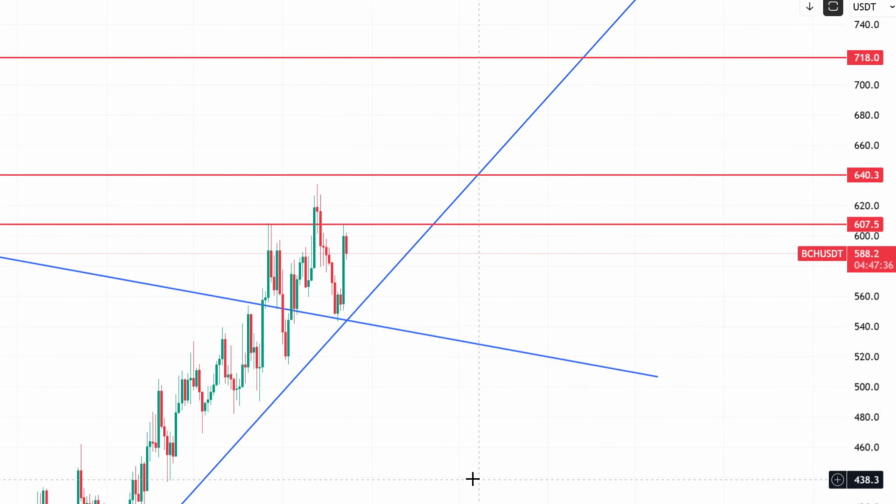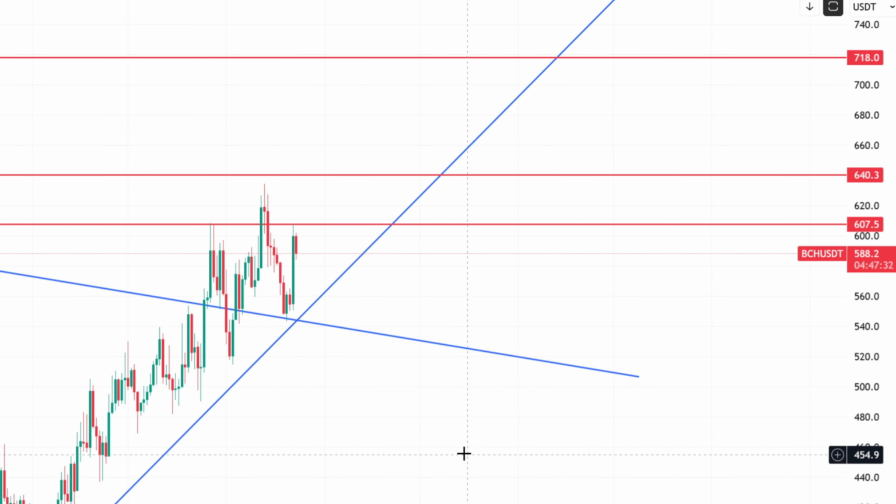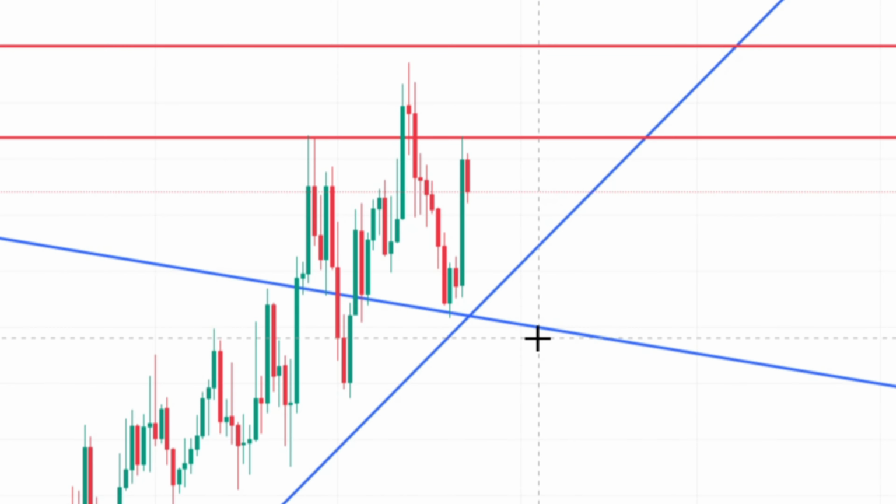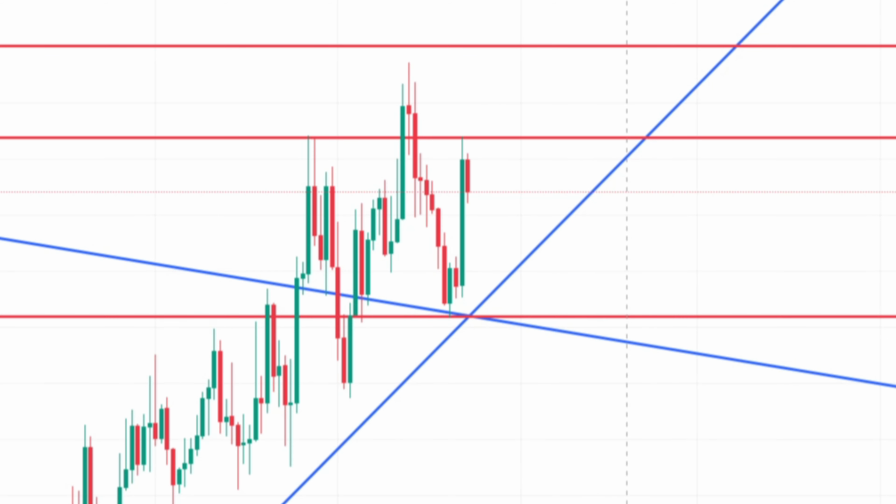But right now, let's also quickly have a look into what levels I am watching in the short term. In general, what we don't want to see is a break of the trend line, and also we don't want to see lower lows than the recent low that we have made, because all of this would suggest that we are not continuing this upward trend, at least for the moment, and also not in the angle that we currently have.